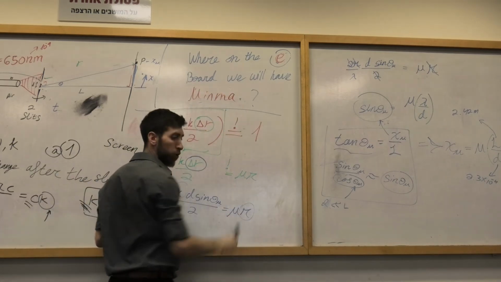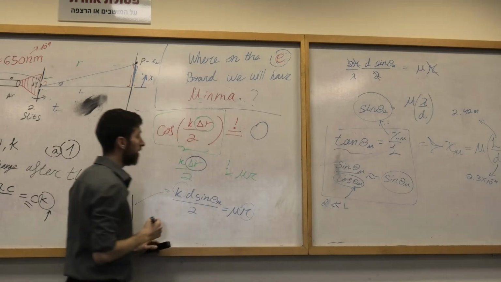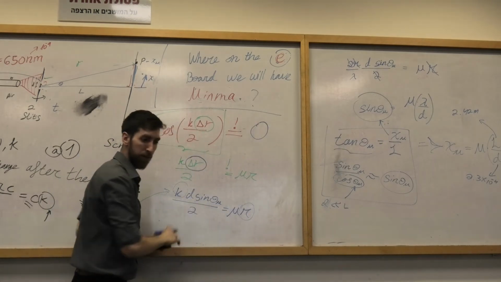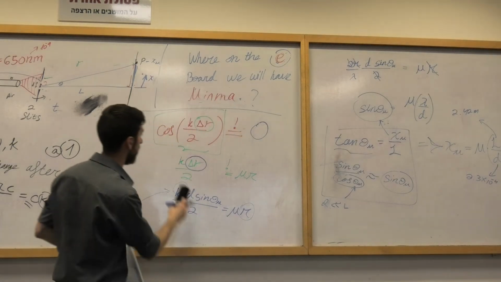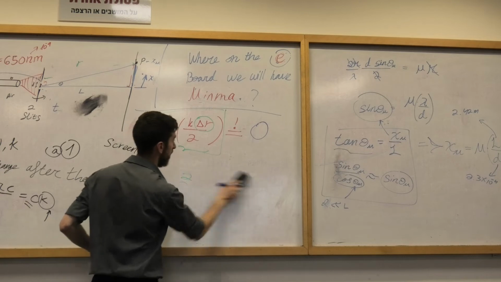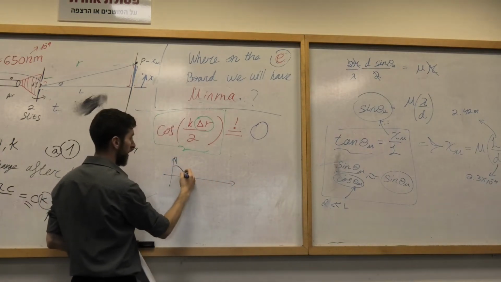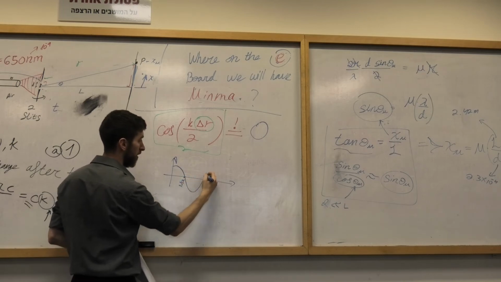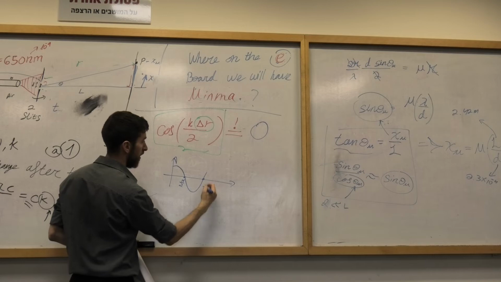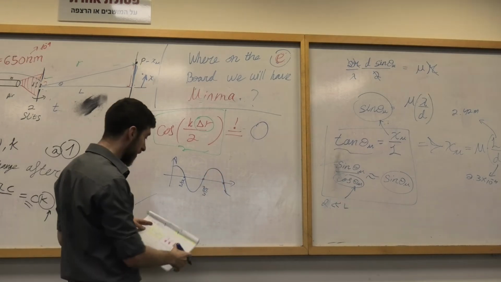So this should not be 1, it should be all the time 0, right? And that happens where? This is a little bit more complicated to understand. Look at it. This is cosine, right? So where is the first place it's 0? Pi over 2, and then 3 pi over 2. And then boom, it continues that way.